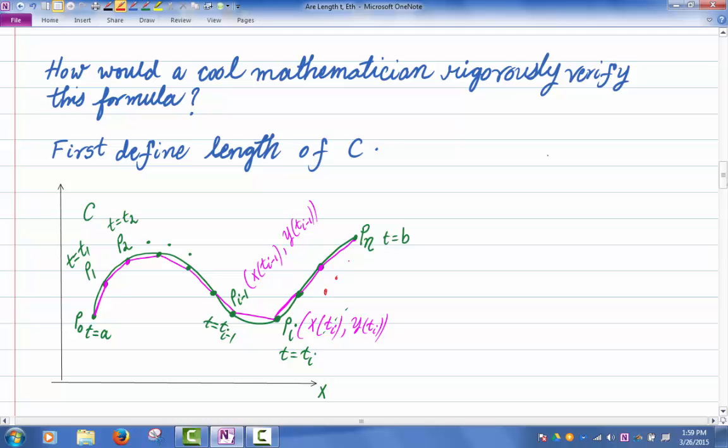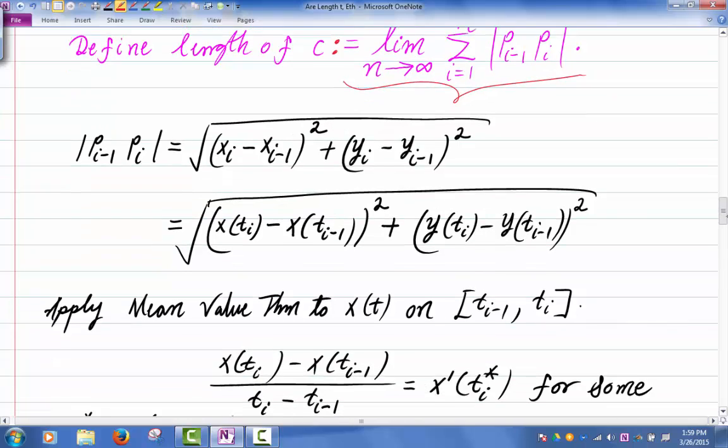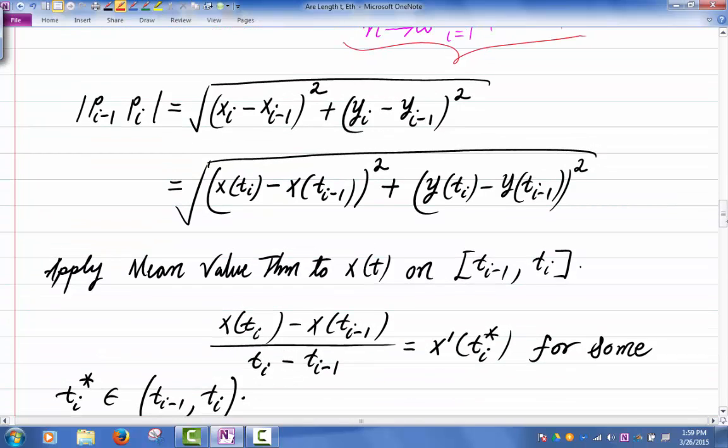So the distance between P_i and P_{i-1} is the square root of x of t_i minus x of t_{i-1} squared plus y of t_i minus y of t_{i-1} squared. That's the distance between P_i and P_{i-1}.